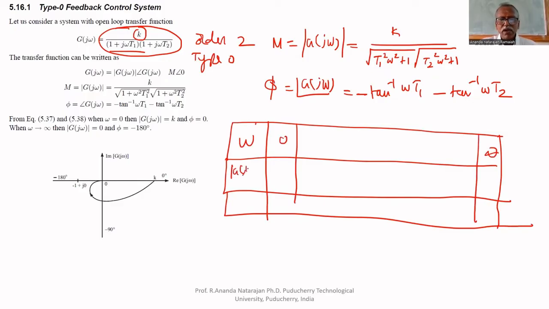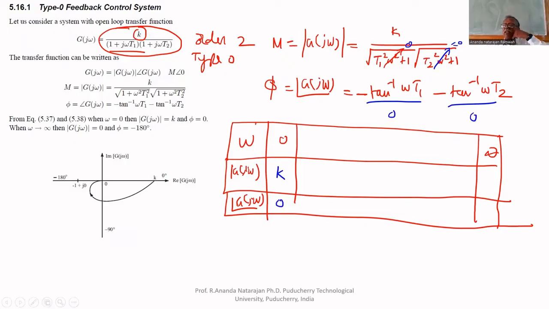You have to find modulus of G of j omega and angle of G of j omega. If you substitute omega equal to 0, you will get 1, and again 1, so K by 1, therefore K. Magnitude is K. Angle: omega equal to 0 means this becomes 0 and this also becomes 0. Therefore, angle is 0.